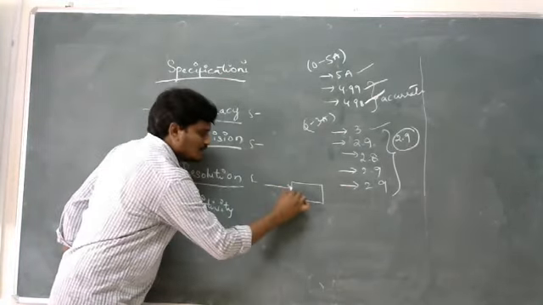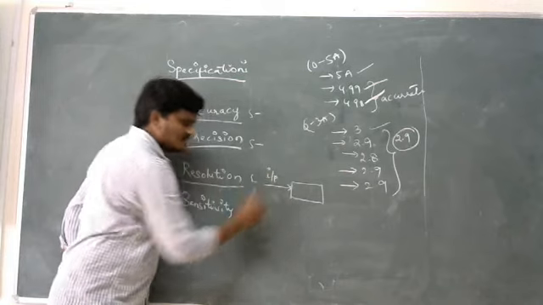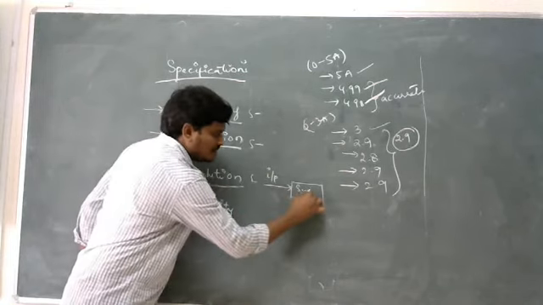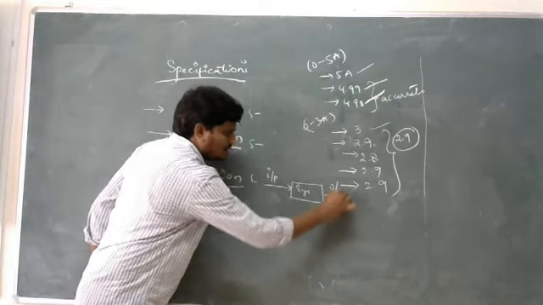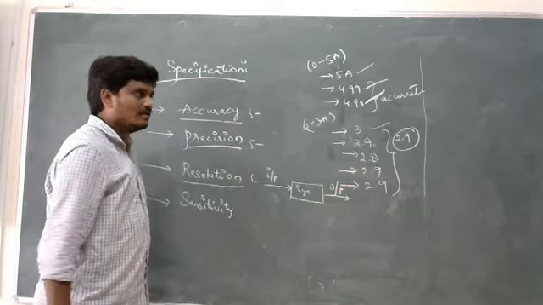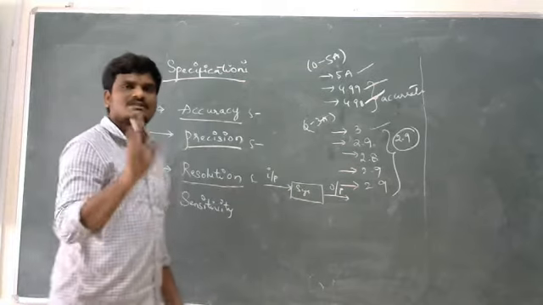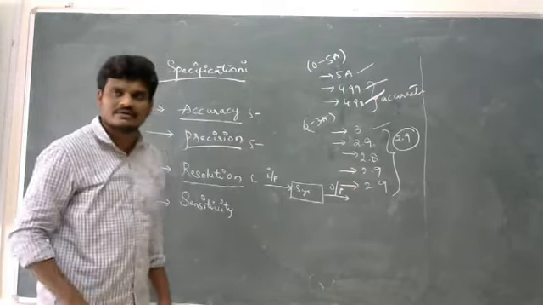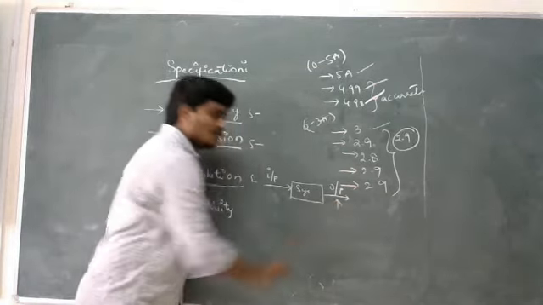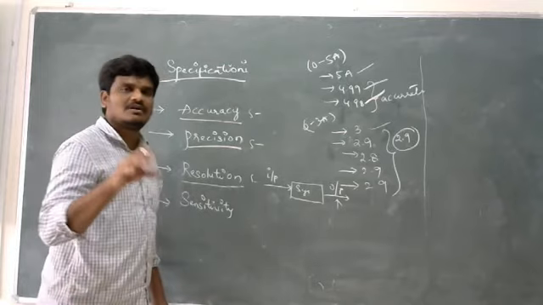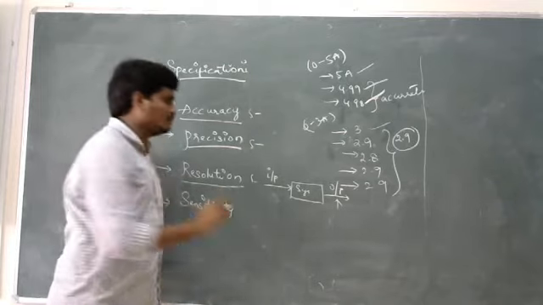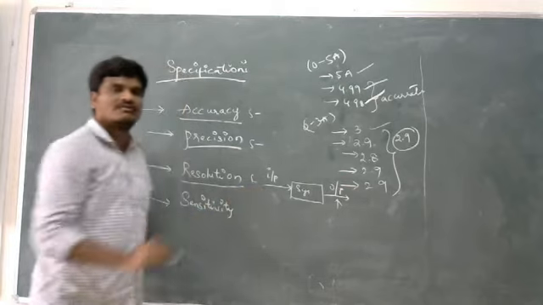I am giving some amount of input to the system in the form of a signal, and I will get an output here. But the output delivered from the given system will not be similar to the input I have given. There will be a small change in the output. The small change in the output with respect to the given input is considered the resolution of the given system.